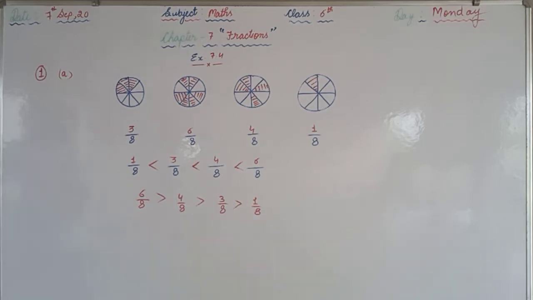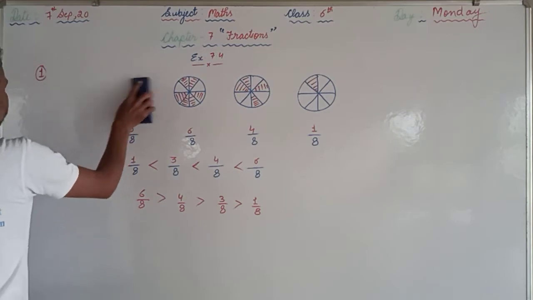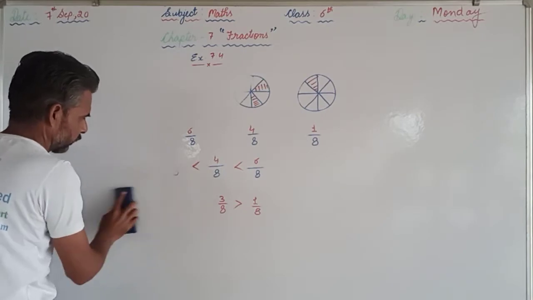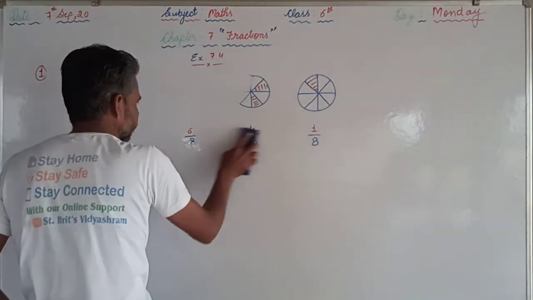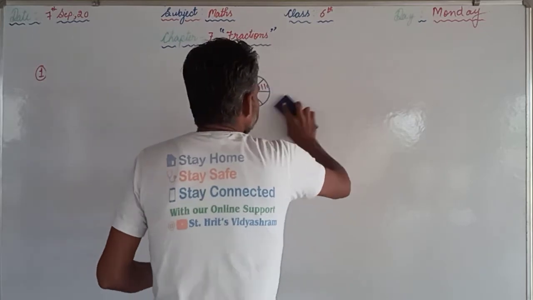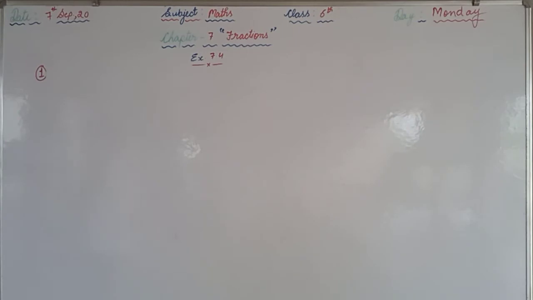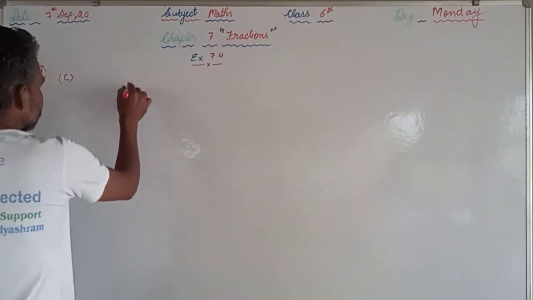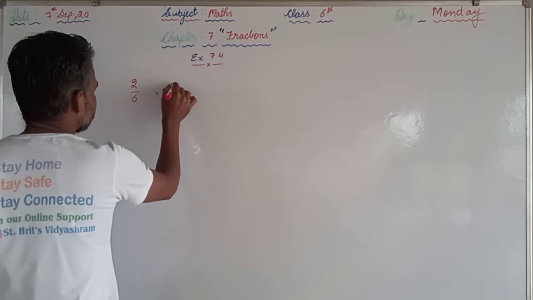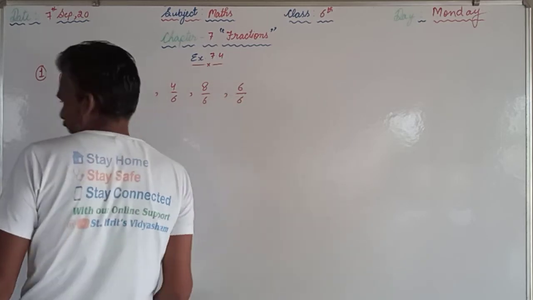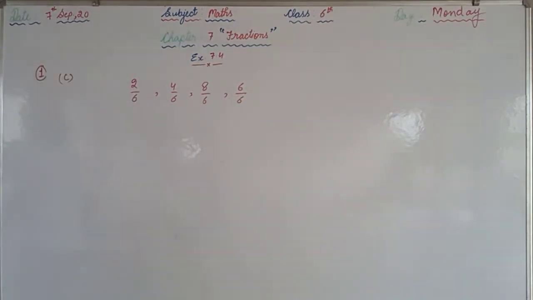Now the C part we should do. C part is there, in which we are supposed to show 2 upon 6, 4 upon 6, 8 upon 6 and 6 upon 6 on the number line.